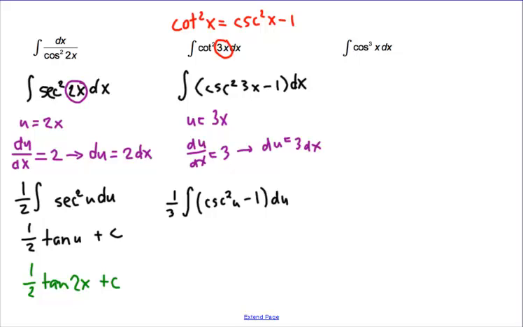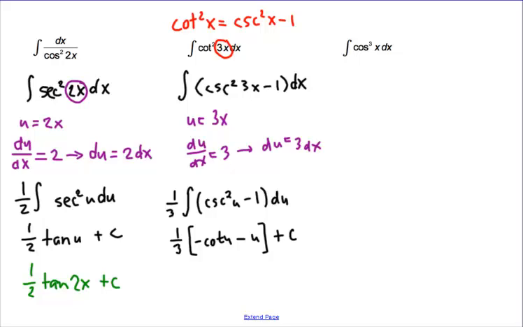So now we're ready to take the integral. We're going to have a 1/3 out here. The integral of cosecant squared u is negative cotangent u. The integral of -1 is negative u. Okay, and then we need a plus c, because it's an indefinite integral. And now I can distribute the 1/3, and I also need to switch back to my x's instead of my u's.